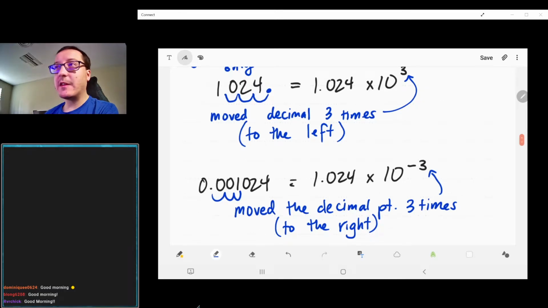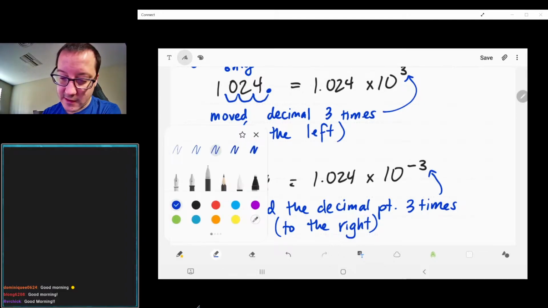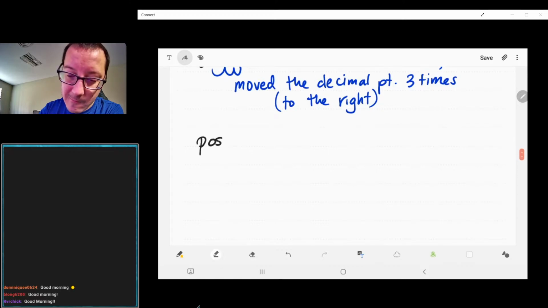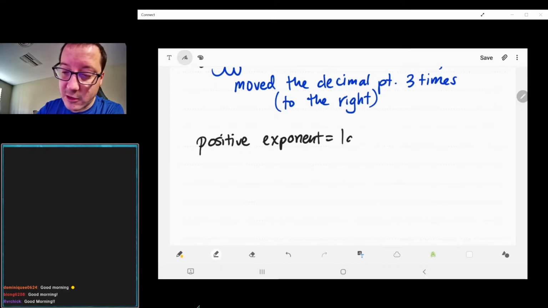And so this left and right thing can be somewhat confusing at times, but it may be easier to just understand that if you have a positive exponent, that's going to be a large number. Something greater than 1.